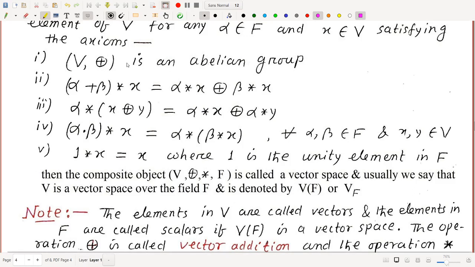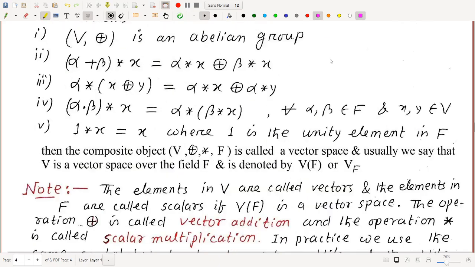V with circled plus being an abelian group means circled plus is a binary operation in V, the operation is associative, there exists an identity element, there exists an inverse of every element, and the operation is commutative.